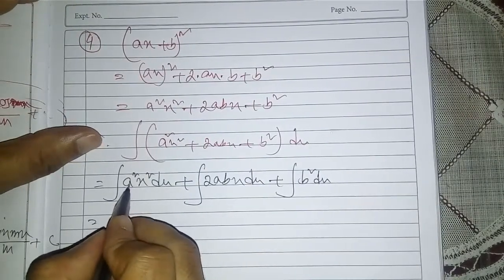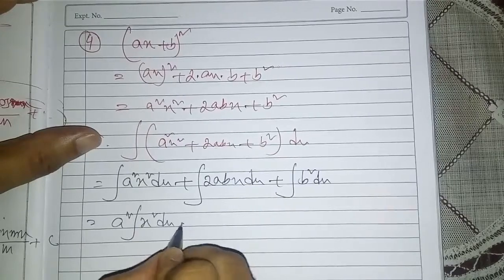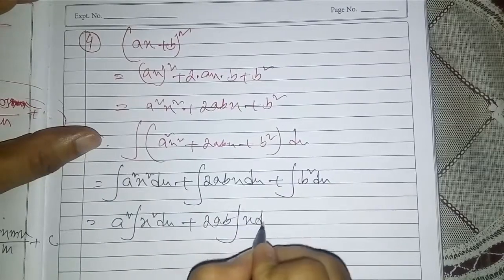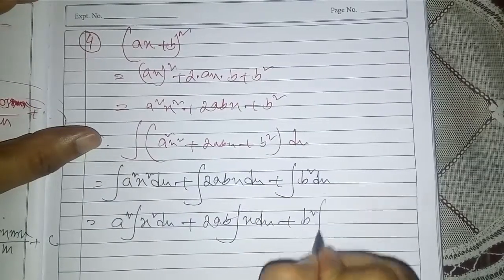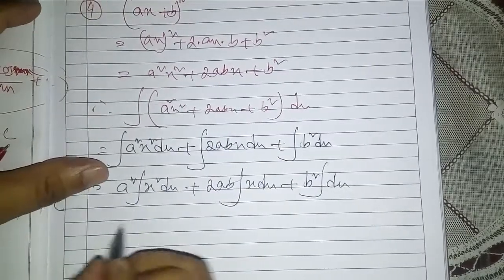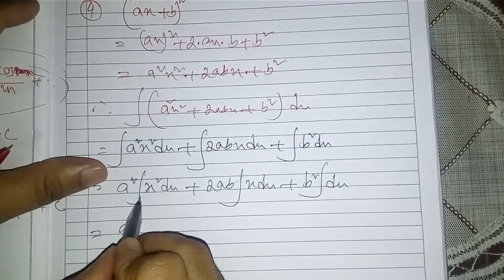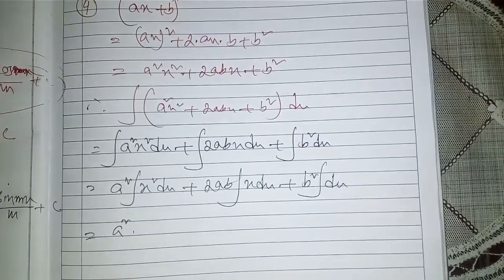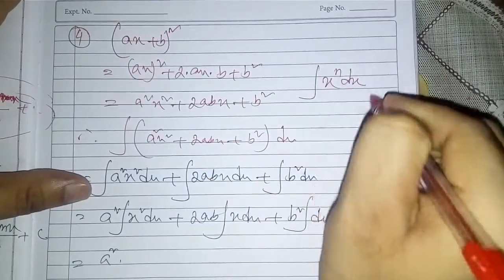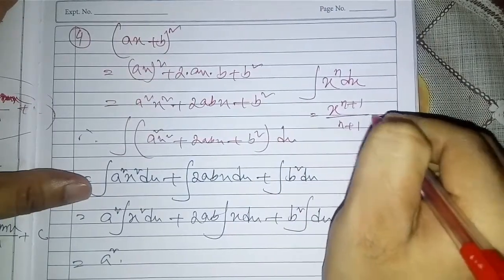Now these parts are constants, so keep them outside: a square times integration of x square dx plus 2ab times integration of x dx plus b square times integration of dx. The formula is integration of x to the power n dx equals x to the power n plus 1 divided by n plus 1 plus c.